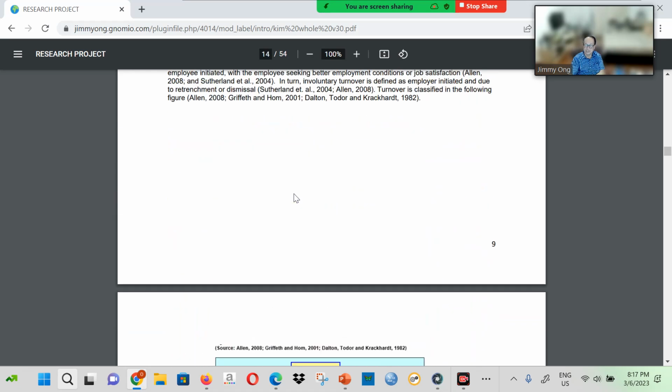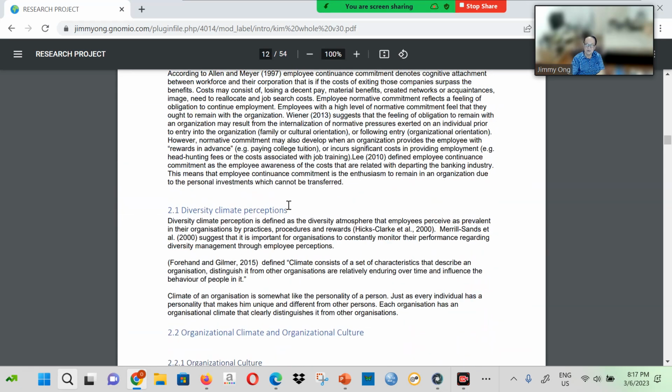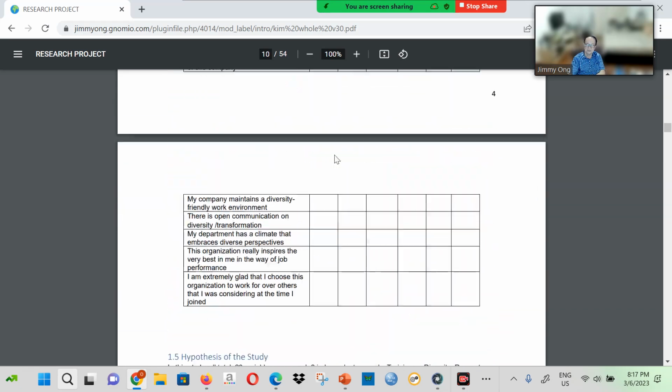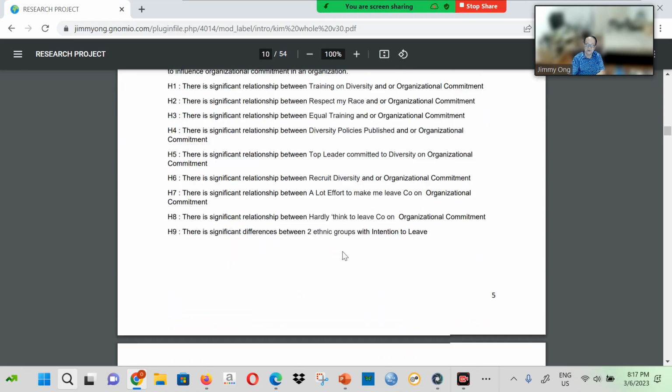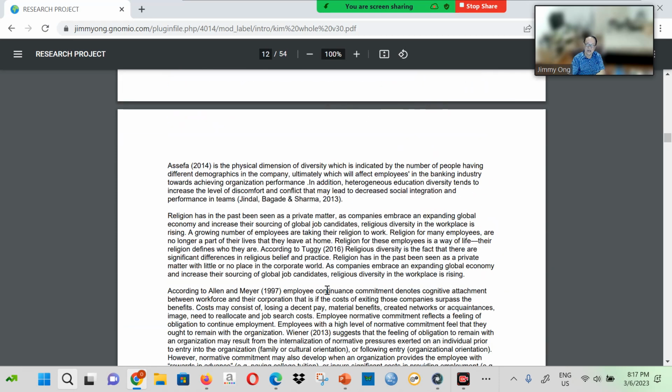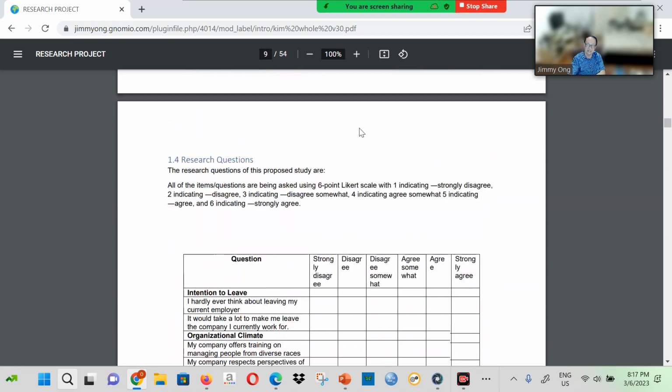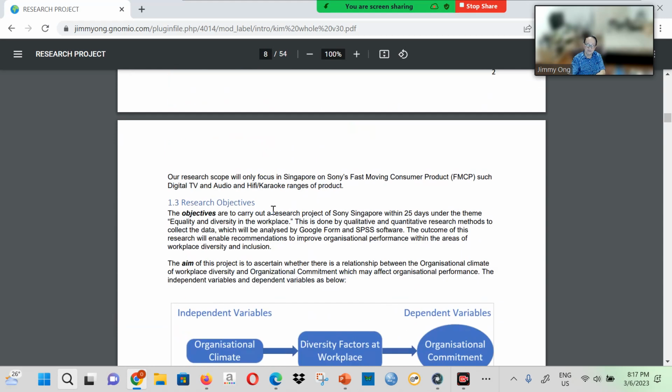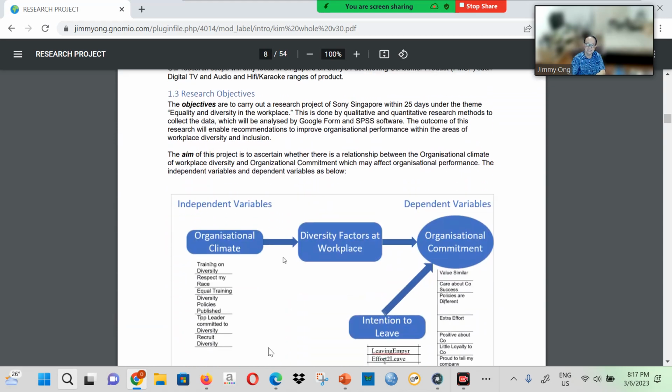These are from the research review. The theory will support this chart. In fact, the research review was read first before this chart is being made. But for the case of presentation, this one should come a bit later, because after the research review, then you have to do all this.